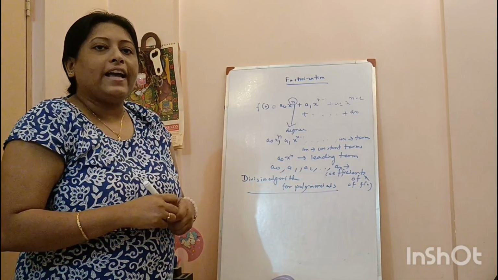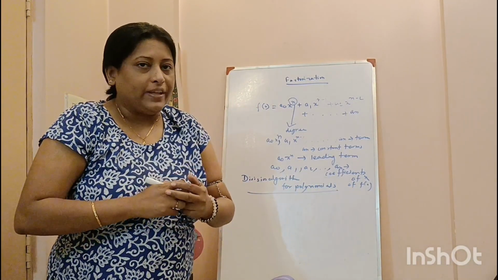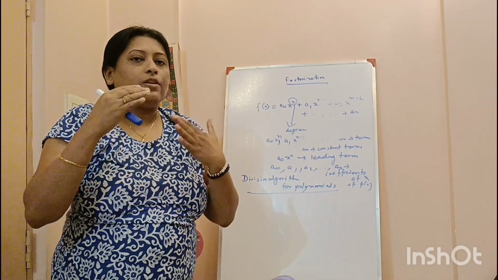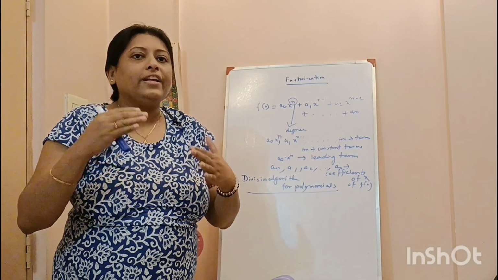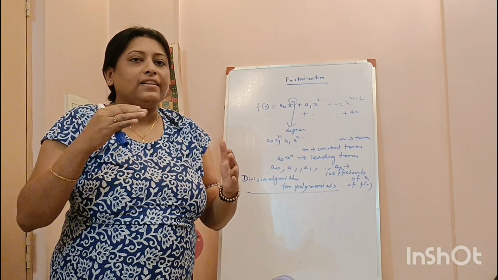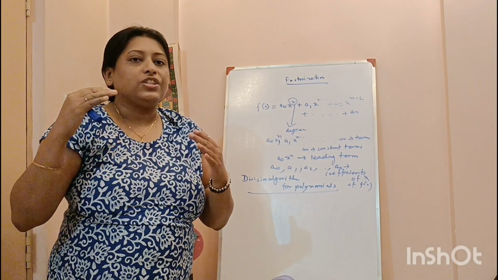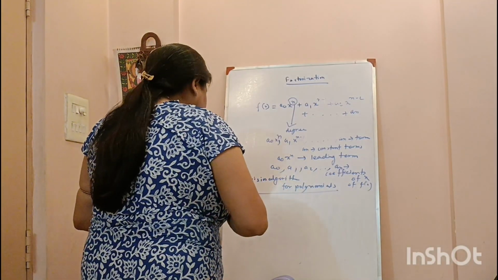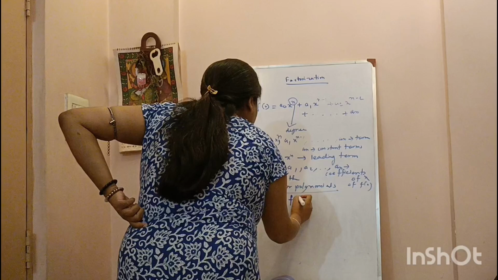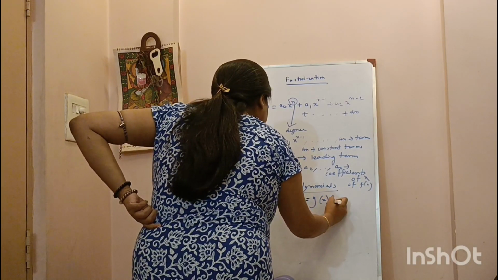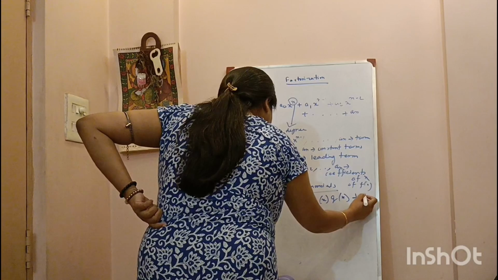If f(x) and g(x) are two polynomials, and f(x) is divided by g(x), then there exist a unique quotient q(x) and a remainder r(x). Then the division algorithm says that f(x) equals g(x) q(x) plus r(x).